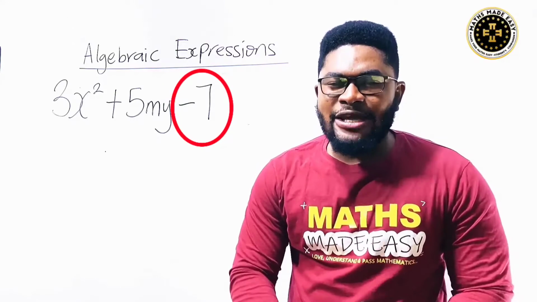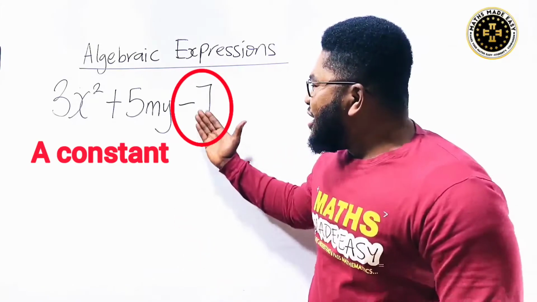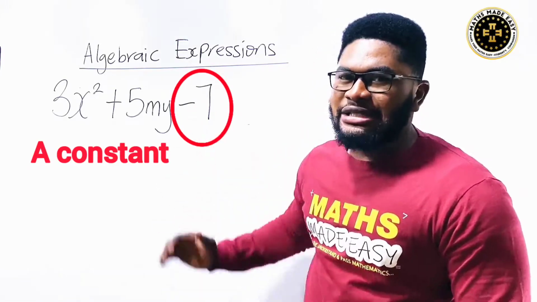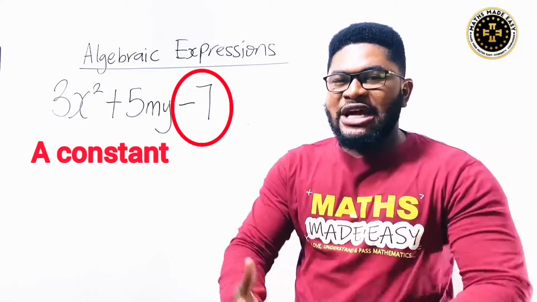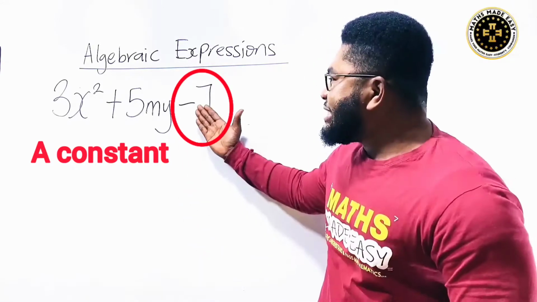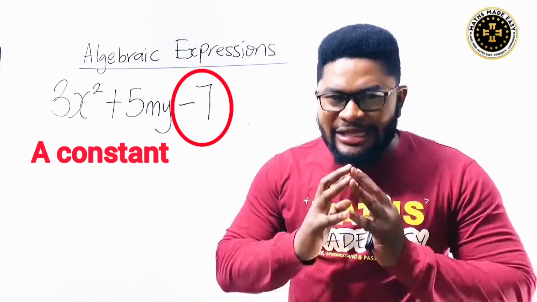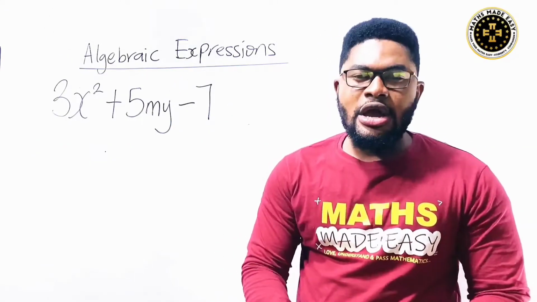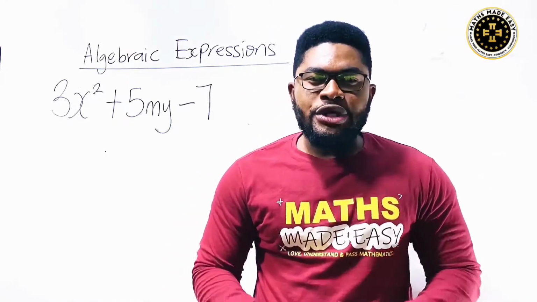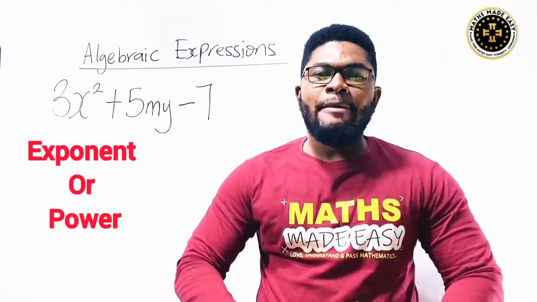That makes -7 a constant. And if there is a negative in front of the constant, automatically the negative becomes part of the constant. So since -7 is with the negative sign, then we must say -7 is the constant. Let's go to the next terminology, which is the exponent or the power.